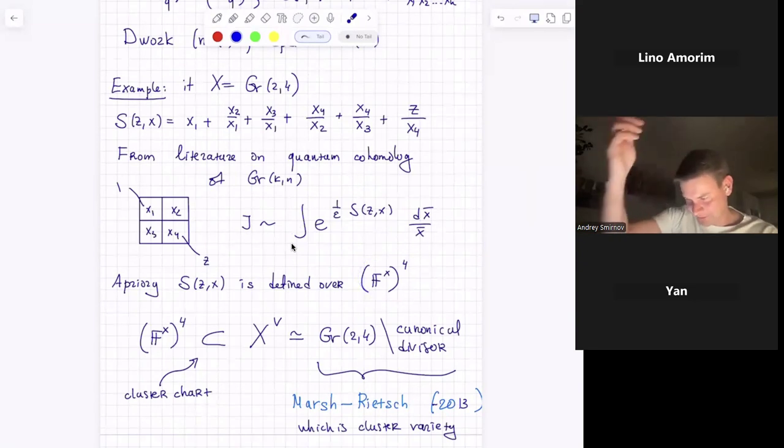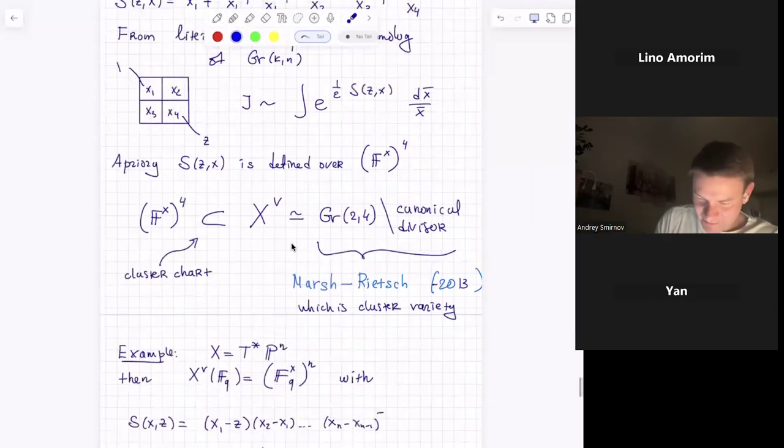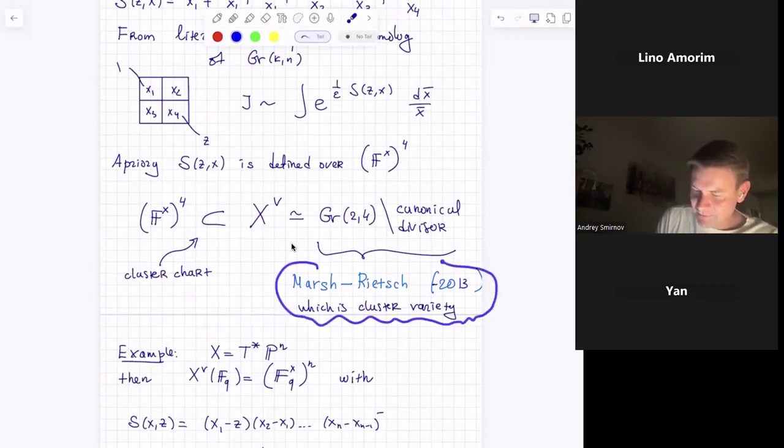But it happened to be not correct. The correct way to do it is to understand that this four-dimensional torus is actually a subtorus, or like a torus chart in some bigger variety. And this bigger variety looks like, again, the Grassmannian minus a certain canonical divisor. And this variety is known as the precise, or correct, mirror for the Grassmannian.